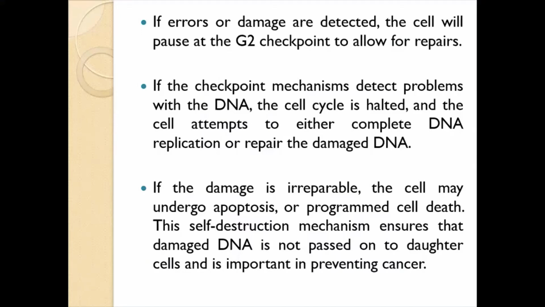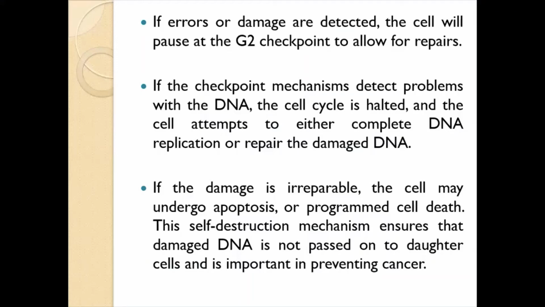Once it is able to complete the replication or repair the damaged DNA, it can proceed through the M phase. But if the damage is irreversible, that means the cell is not able to repair itself.